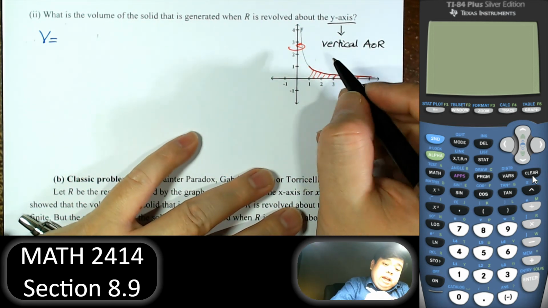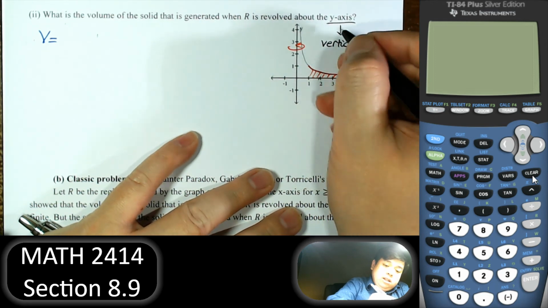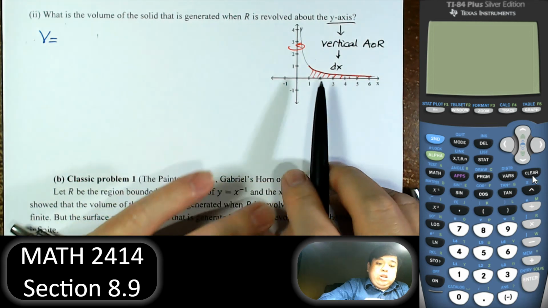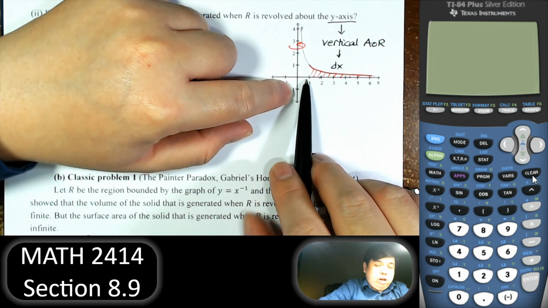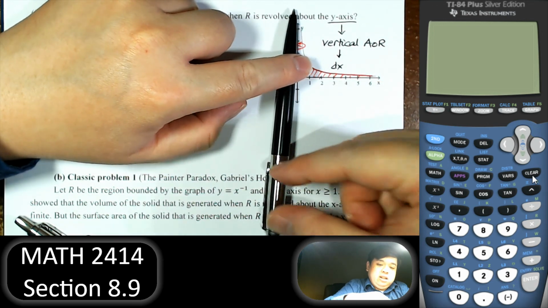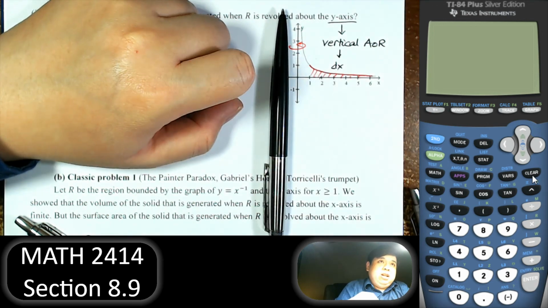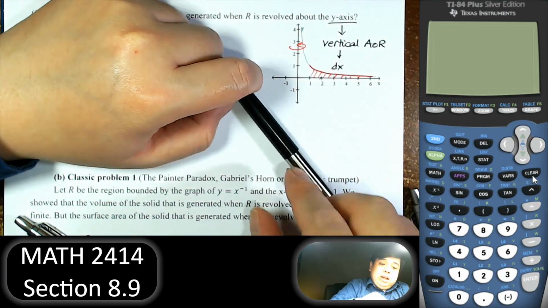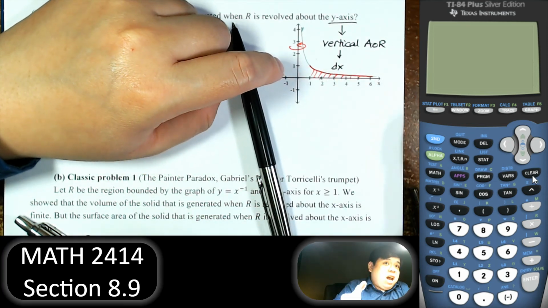If I'm going to use dx, that is not parallel to the axis of rotation. If we have the axis of rotation and we slice it, it would be the same as the y-axis. So this is not slicing.